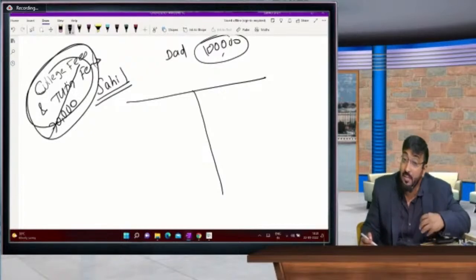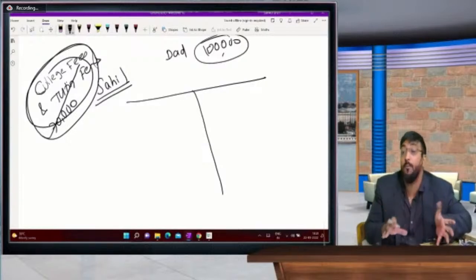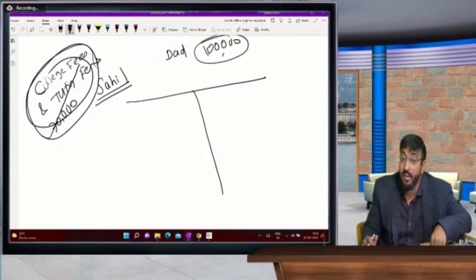So because he already has the pressure to pay tuition fees, your dad will block his profits. He will tell your mom, see, this time Sahil's fees are important for me, so on this birthday I'm not going to give any necklace. So this is the concept of CRR.